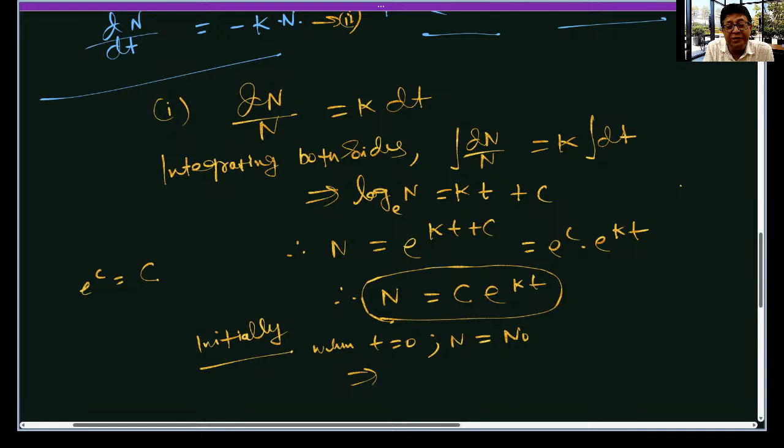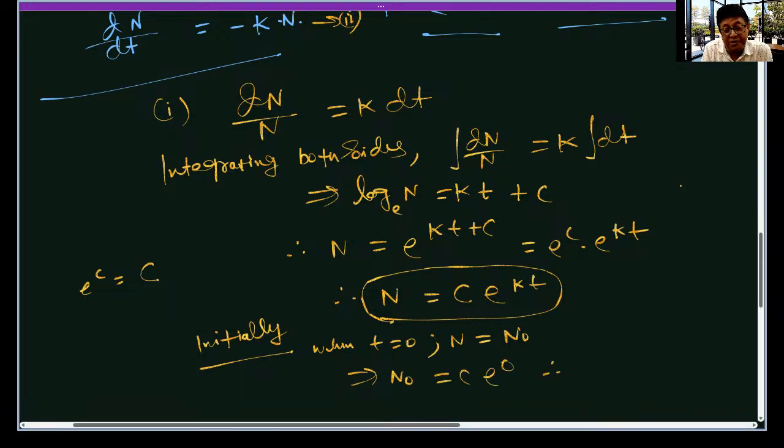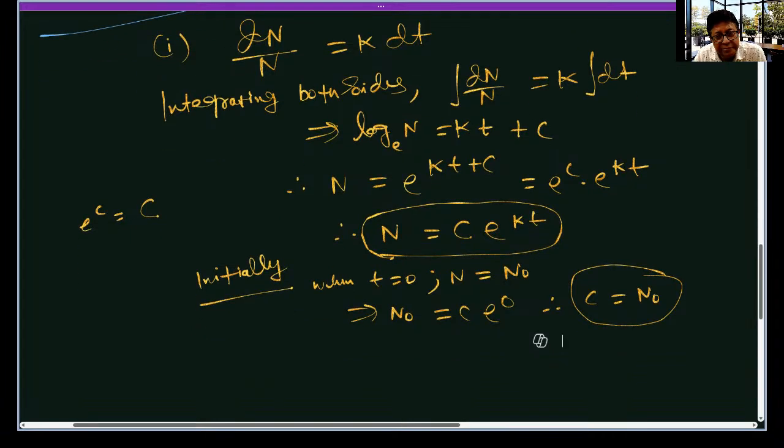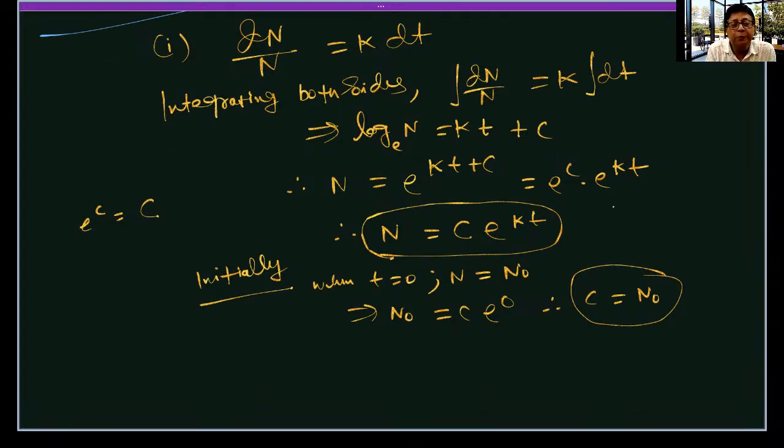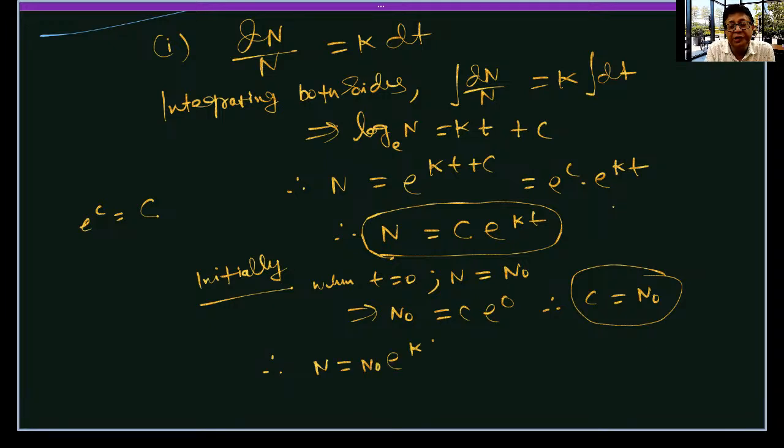Then by using this we get n0 equal to C e to the power 0. C is n0 only. Clear? So therefore n will be equal to n0 e to the power kt. This is true for growth model.